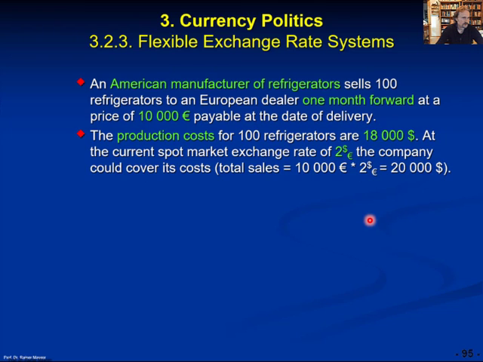The company could cover its costs and would still make a profit of $2,000.